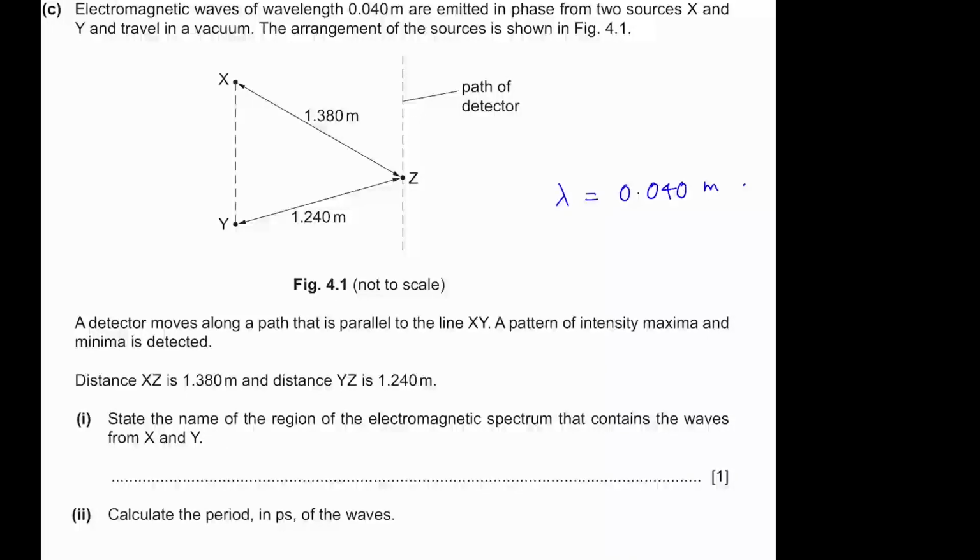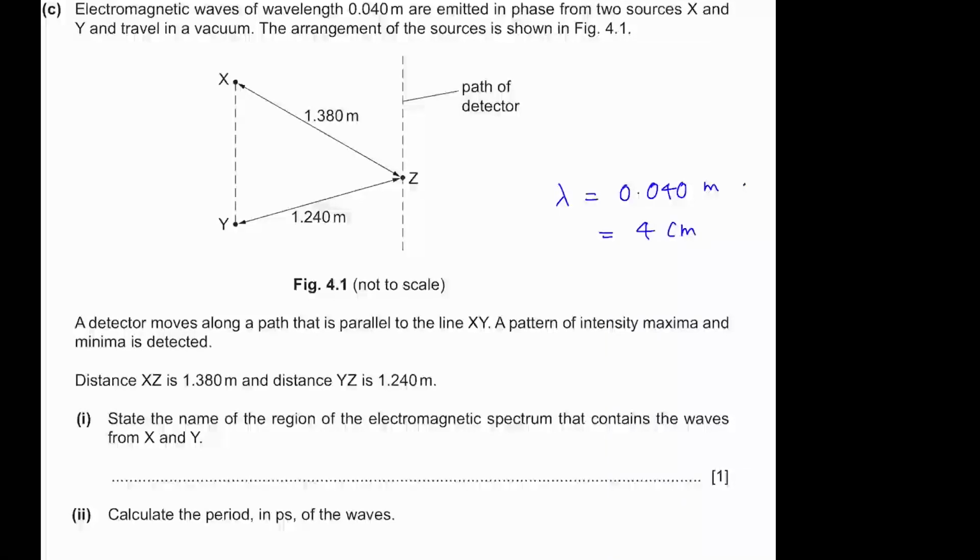Check the table and answer. 0.040 meters is microwaves. What is the range of radio waves? Radio waves is more than that. 0.040 meters means 4 centimeters, right?